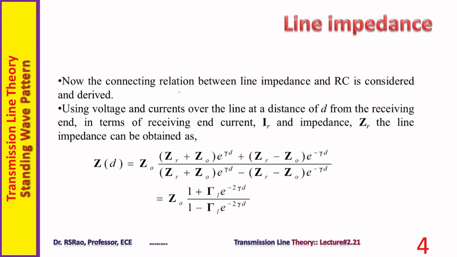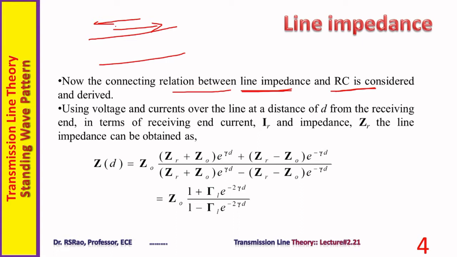The connecting relation between line impedance and reflection quotient. This is the line, as already mentioned: when load impedance is arbitrary, a forward wave exists and a reverse wave exists. Now, reflection quotient can be defined at a point. What is a reflection quotient?